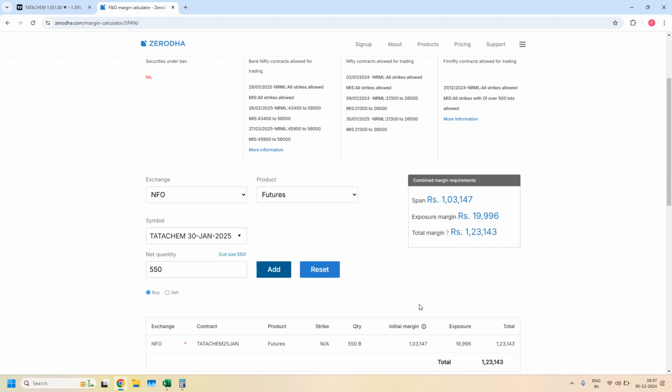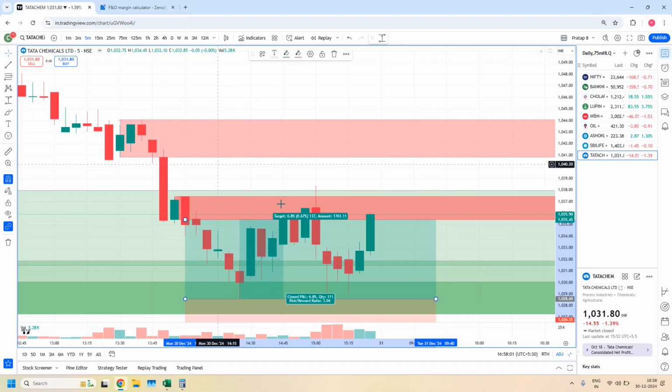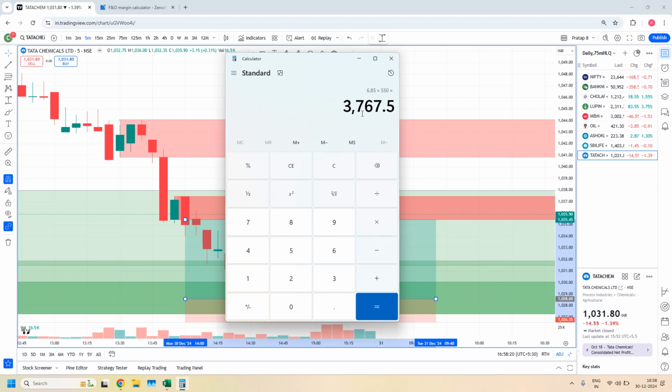Approximate value we will calculate. 6.85 into 550 rupees, you would have got 3,767 rupees profit. Within how much time? At 2 o'clock 25 minutes candle, you would have taken the entry. On 2 o'clock 45 minutes candle, you would have exited. That means within 20 minutes, your trade is completed. Within 20 minutes, you would have gained 3,767 rupees.